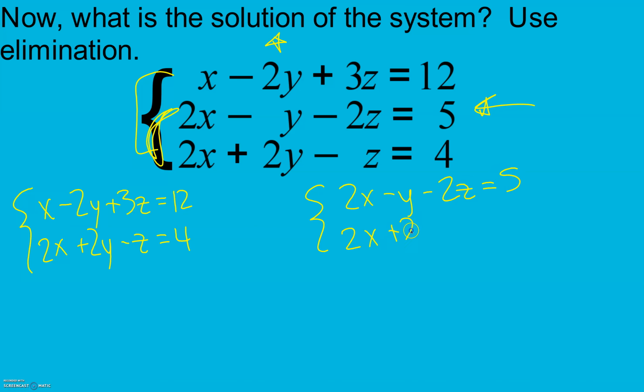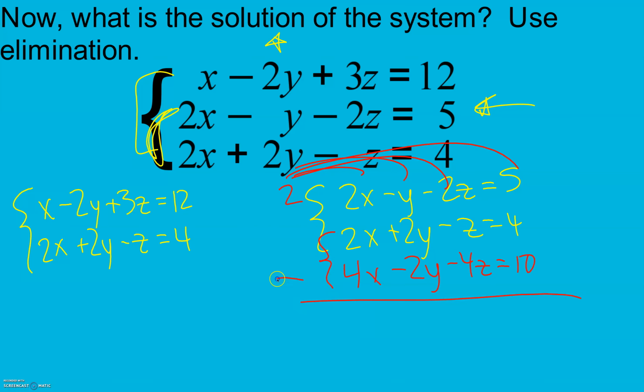And I'm going to reuse the bottom equation because my signs are different there, so it's going to be easier to get opposites. I'm just going to multiply by 2, which gives me 4x minus 2y minus 4z equals 10. Remember to multiply all the way through. Now we can add them up and get our smaller systems.